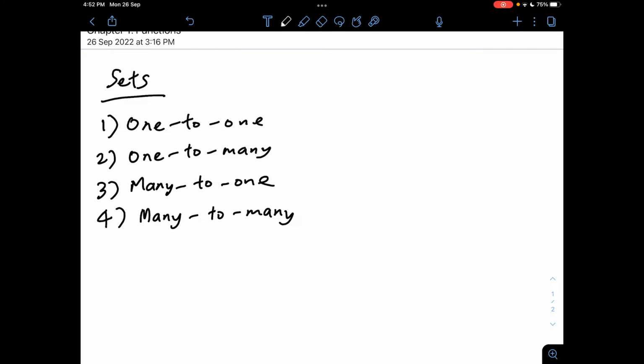Then here in functions, there's only 2 relations that can be used, and then the answer must be with only one element. So as we all know, on these axes we have 2 axes, one x-axis and one y-axis, which means that whatever is here will respond to the y-axis when it comes to the numbers.